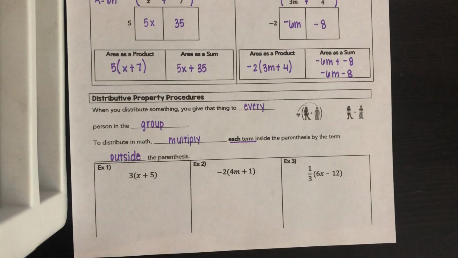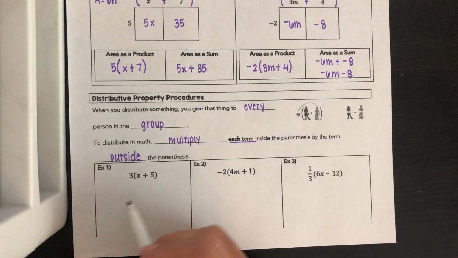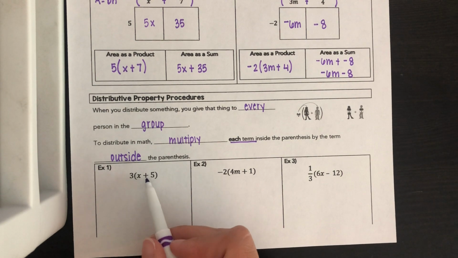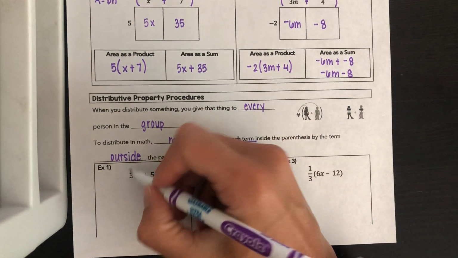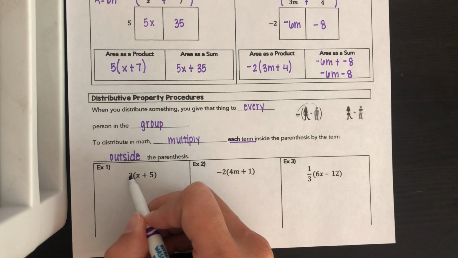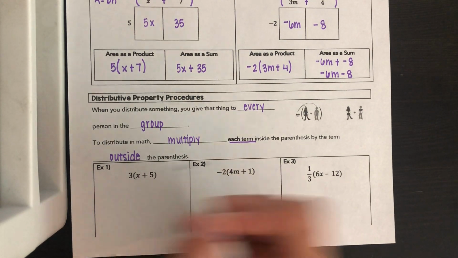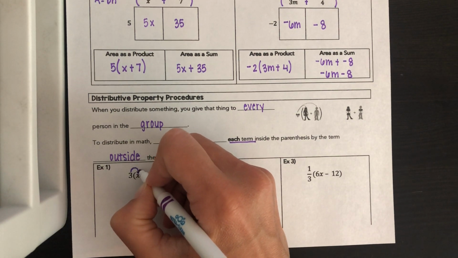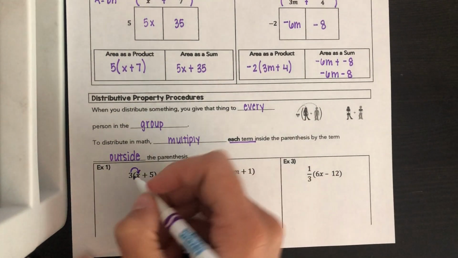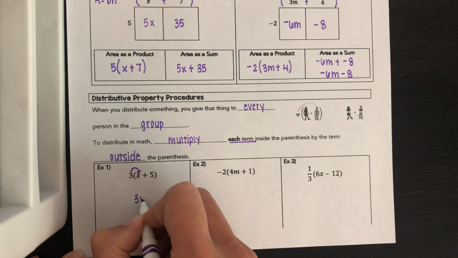So let's take a look at what this looks like. So our first example, we have 3 times the quantity of x plus 5. So we take our term outside the parentheses and we multiply it by each term inside the parentheses. So we take 3 and multiply it by x, and we get 3x.